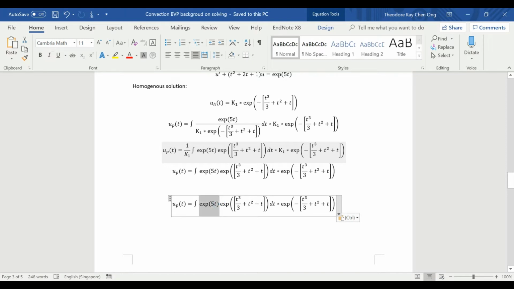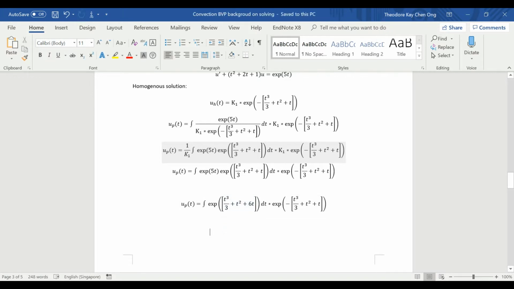I'm going to take the 5t out, and I'm just going to put a 6t here. And then this is what we are left with. And the problem now is to integrate this expression at least.